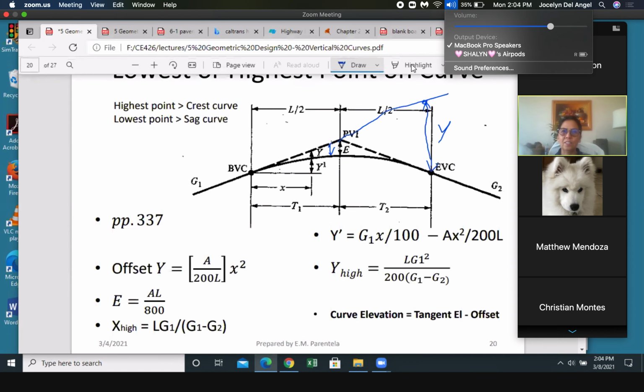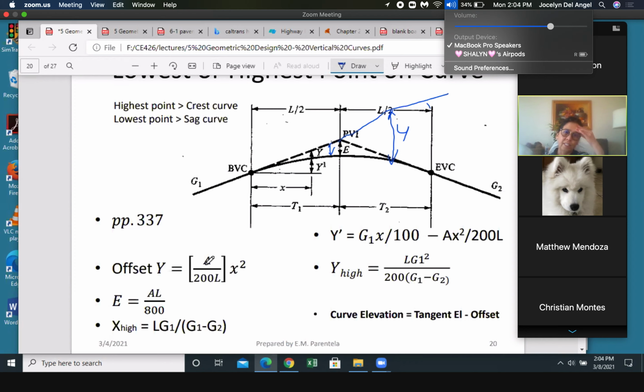So the point on curve could be somewhere here, right? Any point along the curve can be estimated by using this concept. First, you wanted to know the elevation on tangent G1, and then minus the offset.